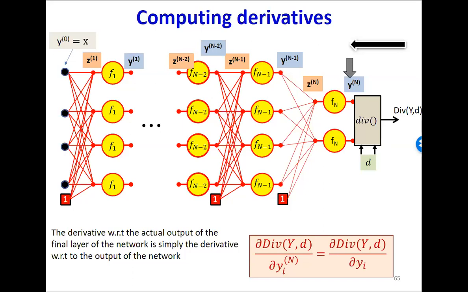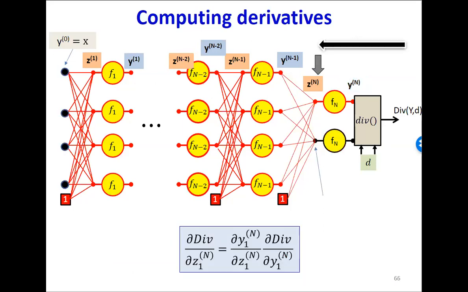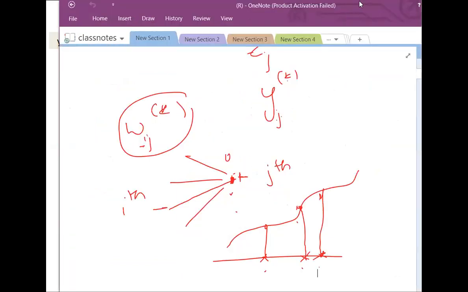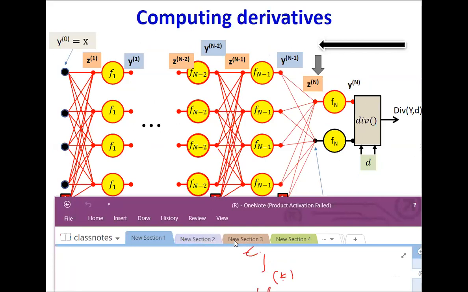If you can compute it, then we can take a step back. Let's consider this first neuron. For this first neuron, I already have the derivative of the divergence.